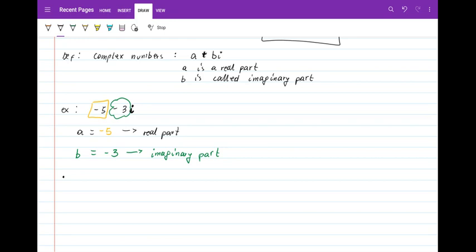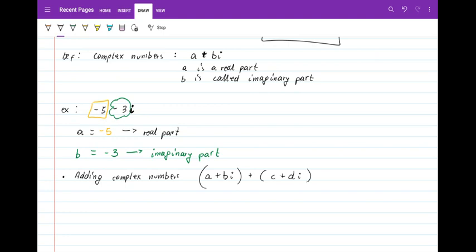Okay. So what we can do with complex numbers, we can add complex numbers. So this is what we're going to do next, adding complex numbers. To add complex numbers, a plus bi plus c plus di, so we have two different complex numbers.